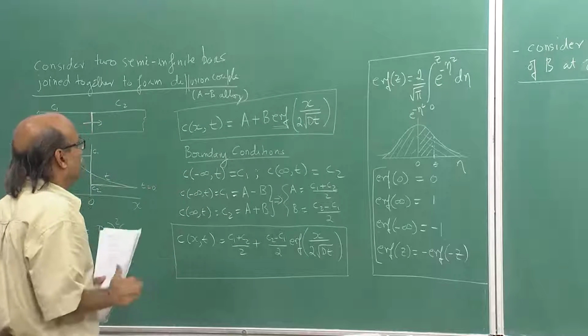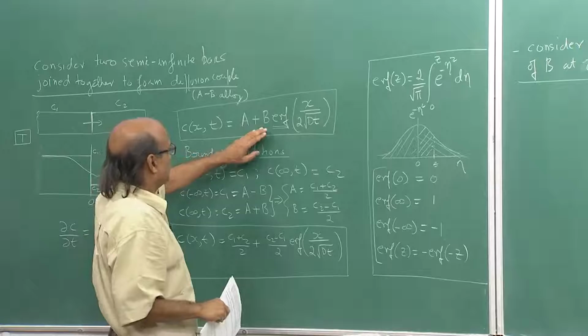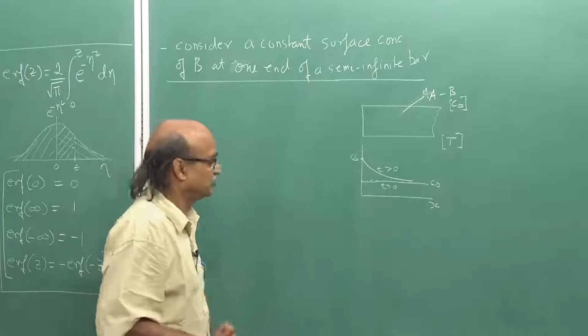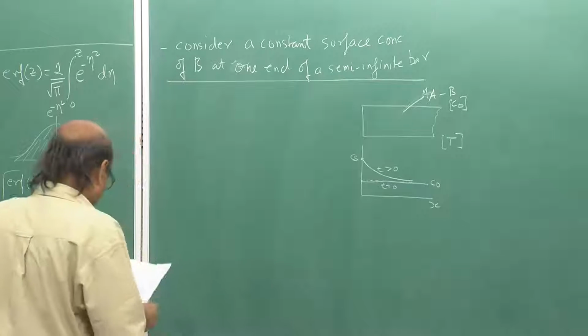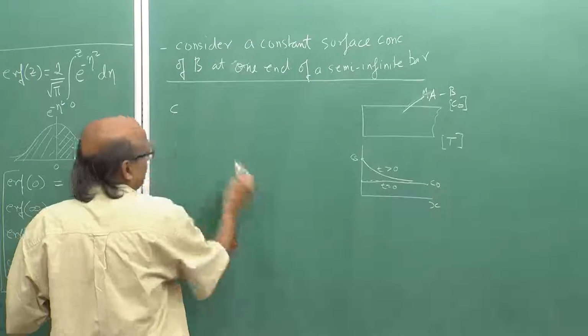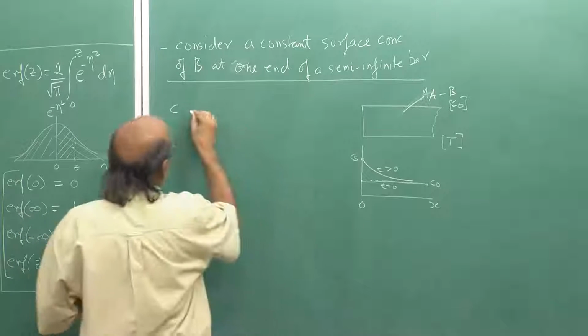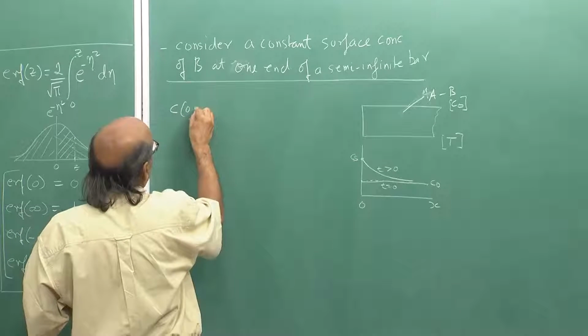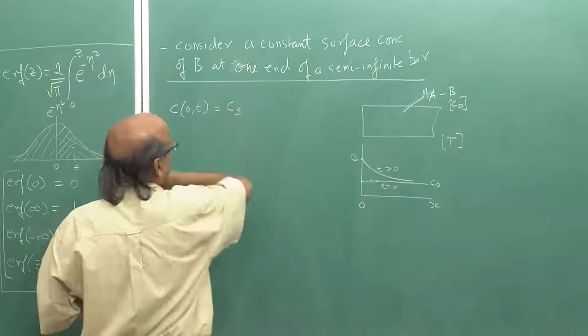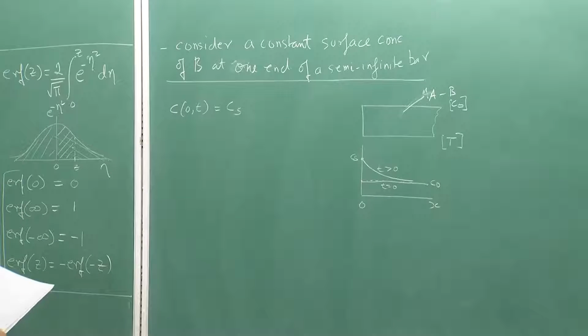And all we need to do is find the constants A and B for the given boundary conditions of this particular problem. Now, what are the boundary conditions here? Well, this is x equal to 0. So, at x equal to 0 for any time t, the concentration is kept fixed at Cs, as I have already mentioned.